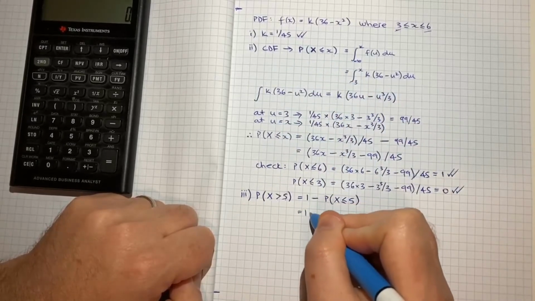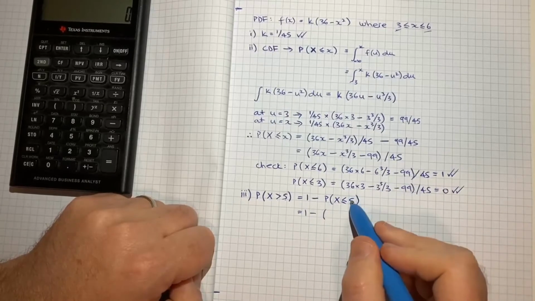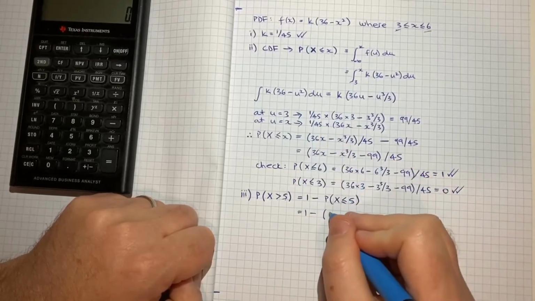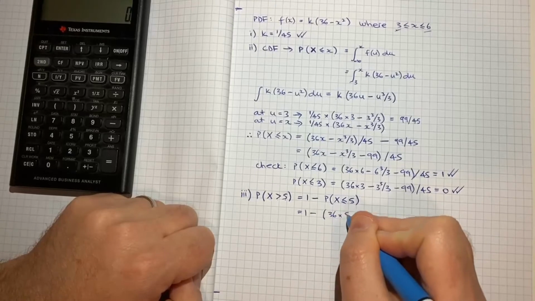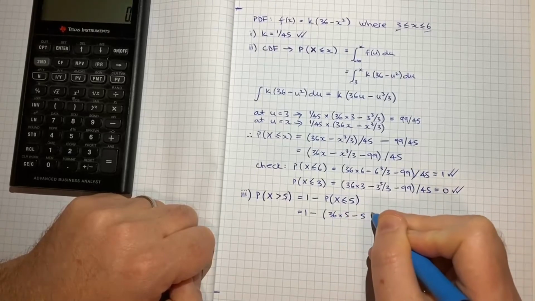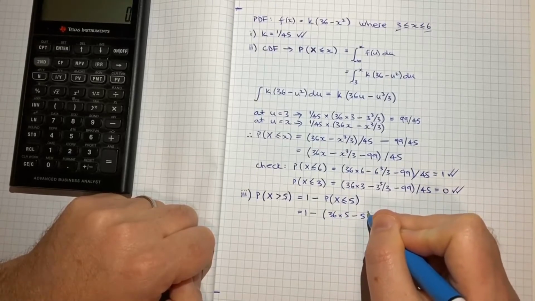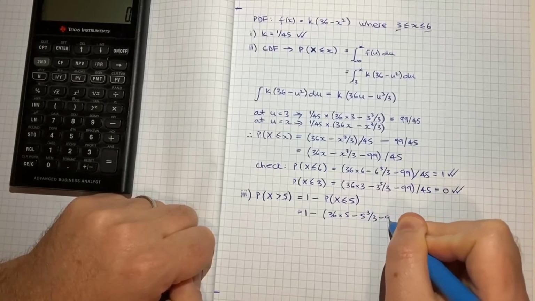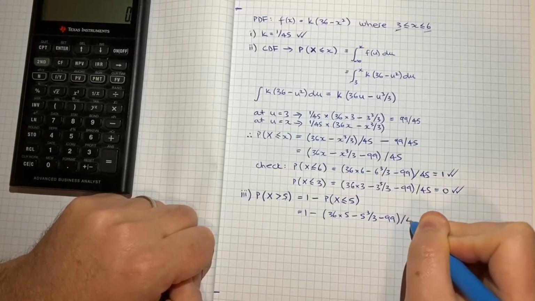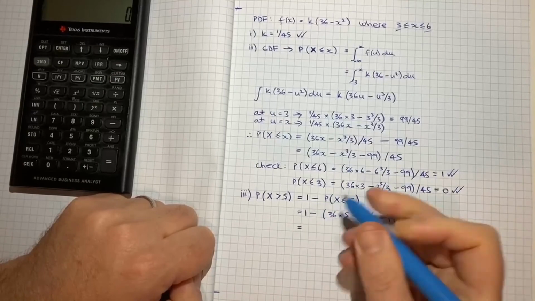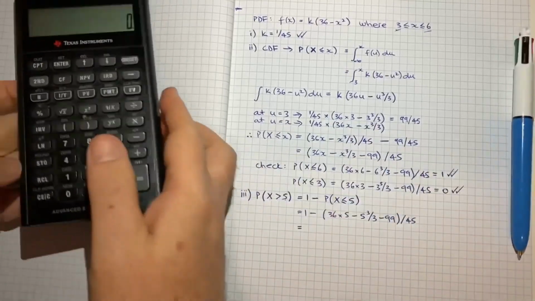So it'll be 1 minus, and we can insert 5 into our CDF. So 36 times 5 minus 5 to the power of 3 divided by 3 minus 99, all on 45. Let's key that into the calculator and see what we get.